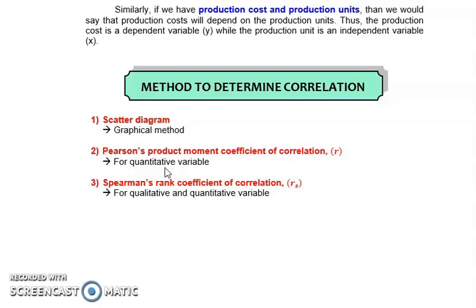For example, we have a grade of students, for example, we have A, B, C, D, E, and so forth. So how to determine the correlation? So maybe we can use Spearman's rank coefficient of correlation. So for Spearman, it is for both qualitative and quantitative variable. Okay, note that in your syllabus, we only cover the first and second ones, scatter diagram and Pearson correlation.